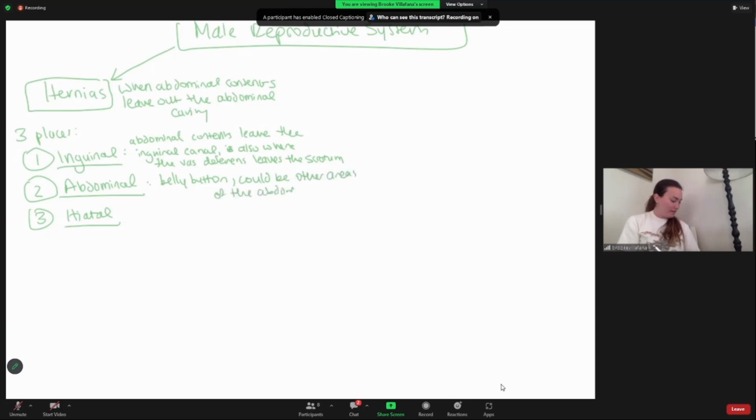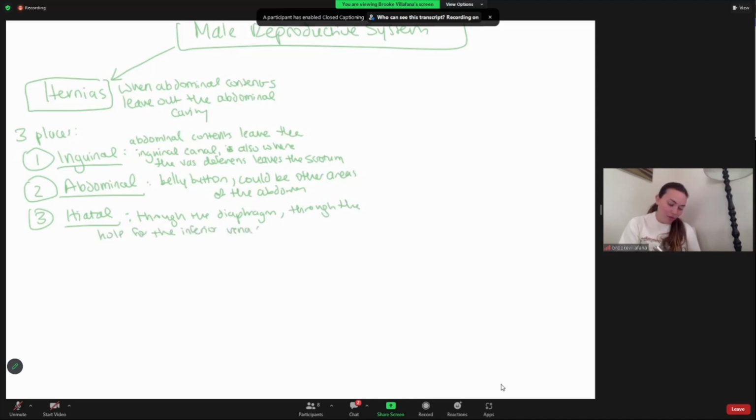And then lastly is the hiatal hernia. This is through the diaphragm, so this one is potentially really serious. It could cause someone to not be able to breathe because it presses against the lungs. It's not common, but it goes through the hole for the inferior vena cava and descending aorta.